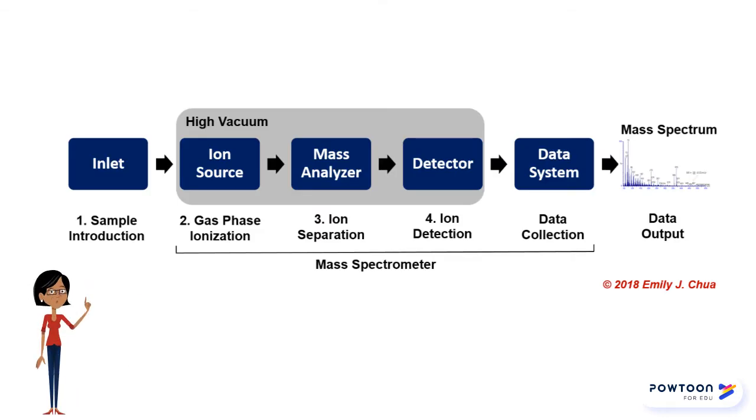Obtaining a mass spectrum involves a 4-step process. 1. Introduction of the chemical compounds into the mass spectrometer vacuum system. 2. Ionization of the sample chemical compound. 3. Separation of the compounds based on the m/z of individual ions. And 4. Detection of the ions, whose signals will be used to create a mass spectrum.